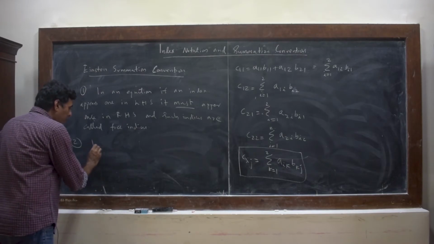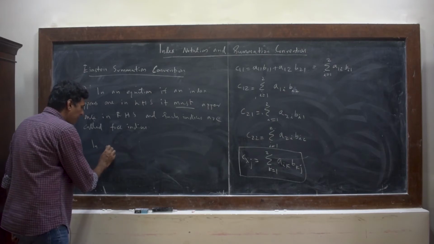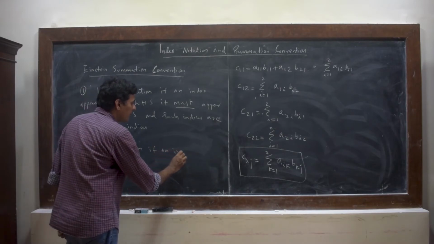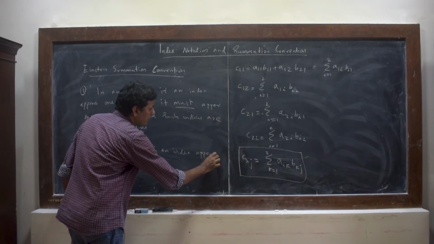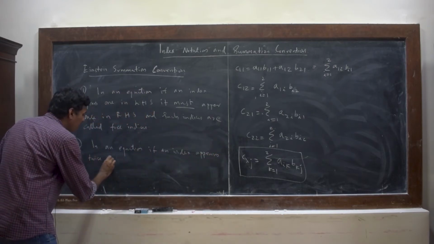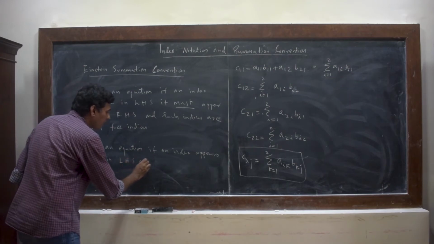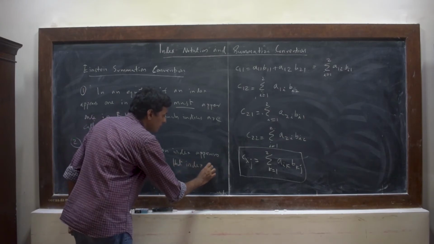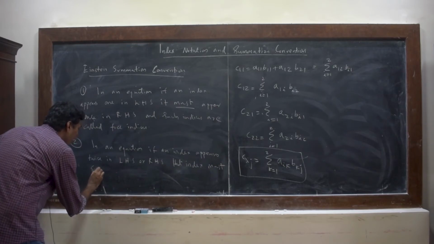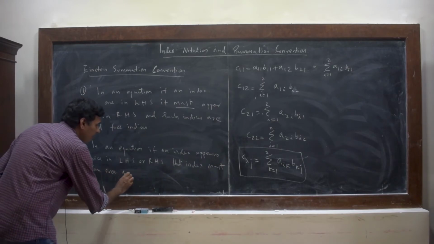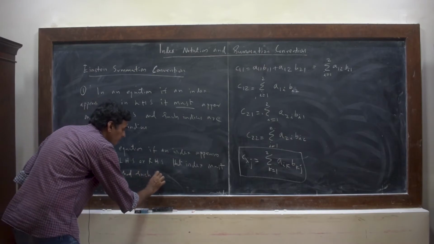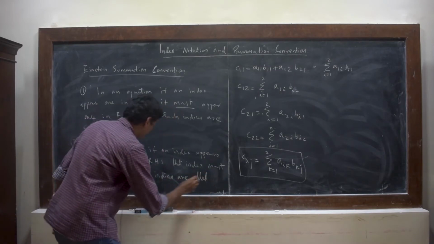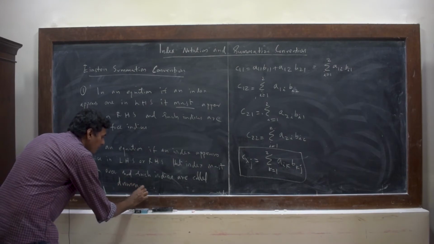in an equation, if an index appears twice in LHS or RHS, that index must be summed over, and such indices are called dummy indices.